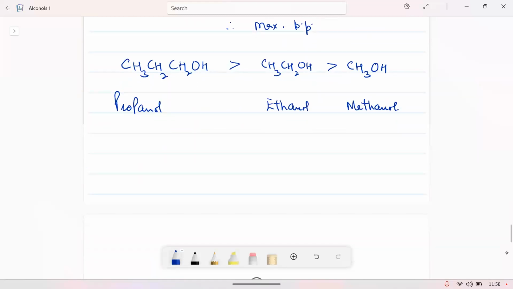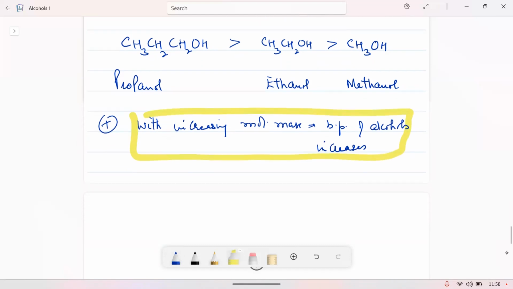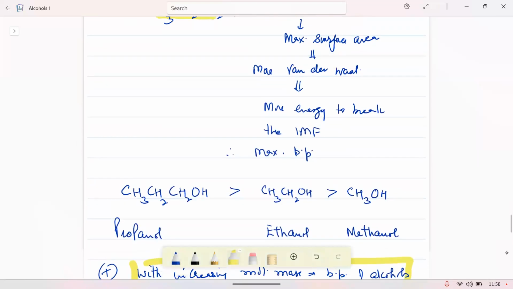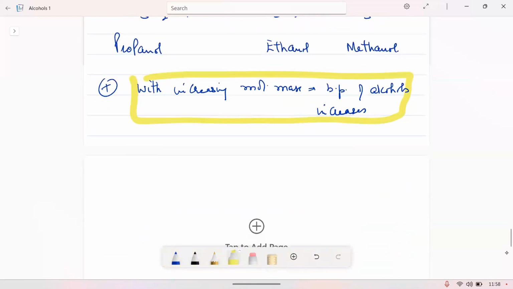So you can safely say that with increasing molecular mass, the boiling point of alcohols increases. That's the general rule. And you know the reason. The reason is because there is more van der Waals forces due to the larger surface area.